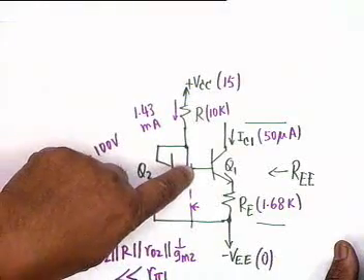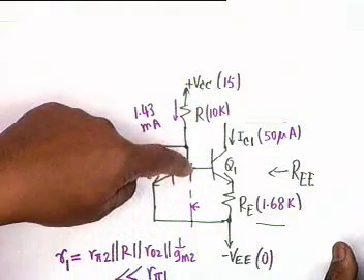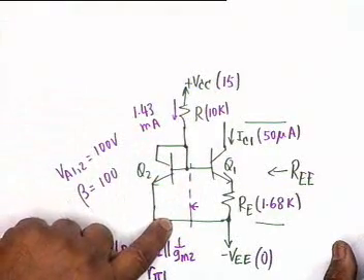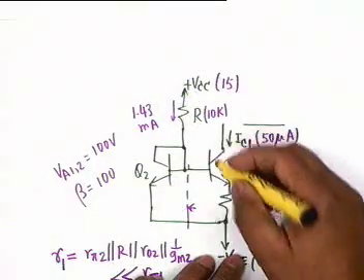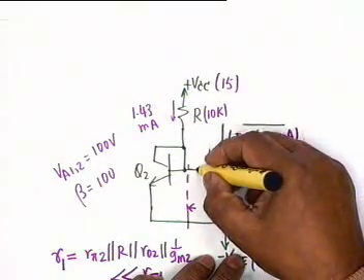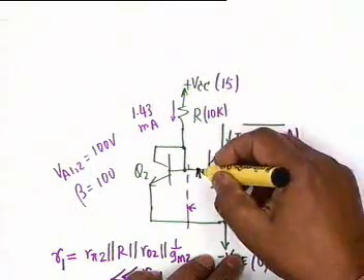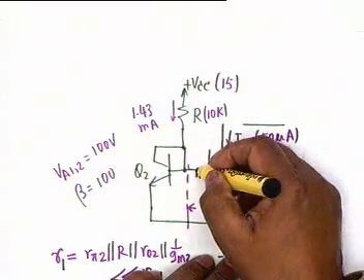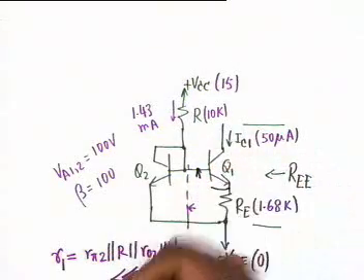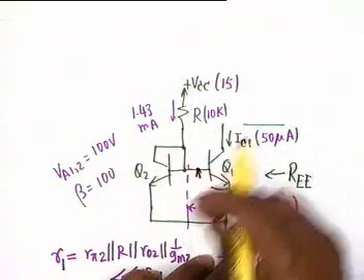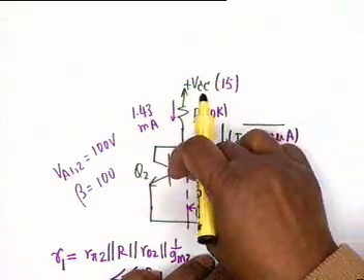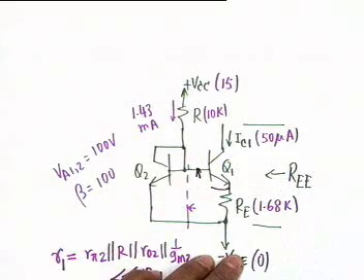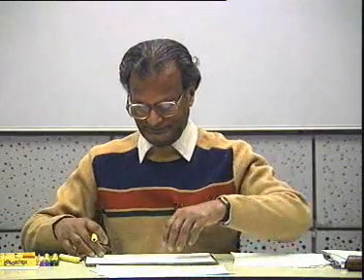R pi 1 is between this point and E1, from base to emitter. And so we have neglected I1. You see this resistance, the resistance looking here was approximately 0. Compared to R pi 1, this was negligible, and therefore it is connected to ground. Is that okay?